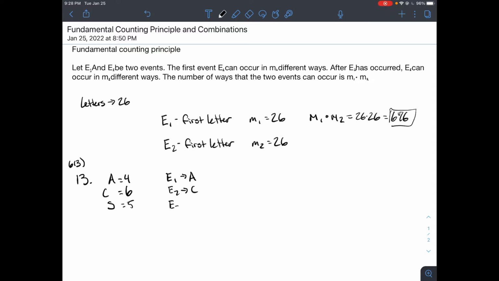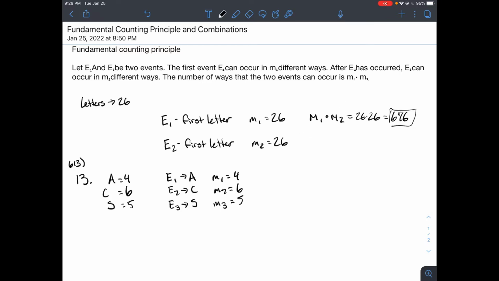And event 3 is going to be our speakers. Now, M1 is the number of different amplifiers. So that is 4. M2 is our number of CDs, which is 6. And M3 is our number of speakers. That is 5. Just like we did right here.